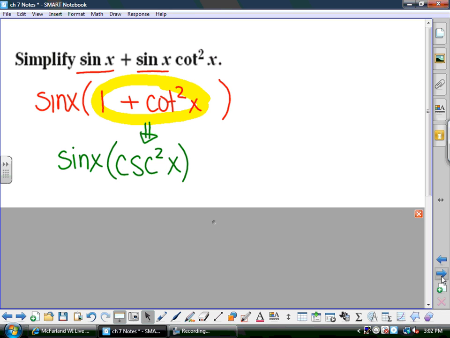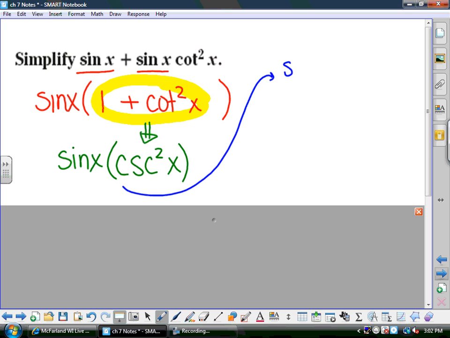Now let's change everything in terms of sines and cosines. Sine is already in terms of sines and cosines. But the cosecant squared could be changed to 1 over sine squared of x.